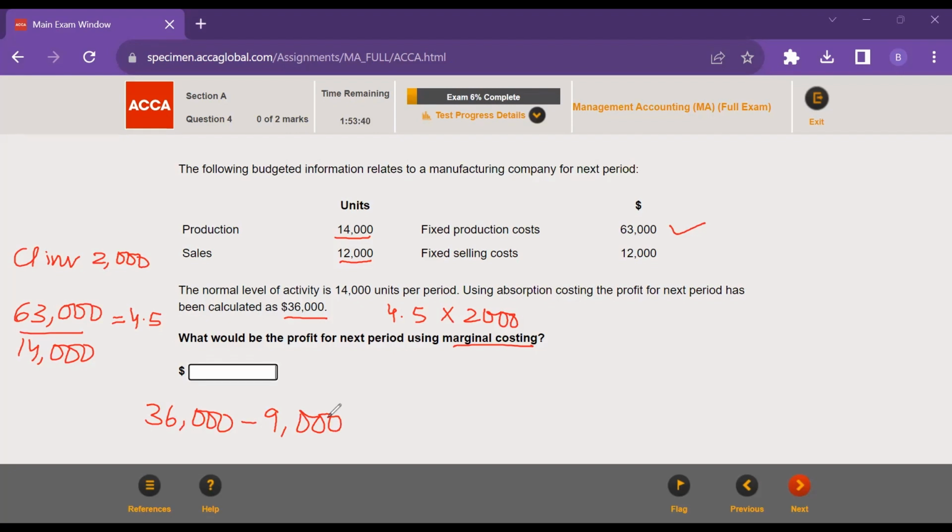So this is 27,000. We will not be putting any commas over here, because you are not supposed to be entering commas in your answers.